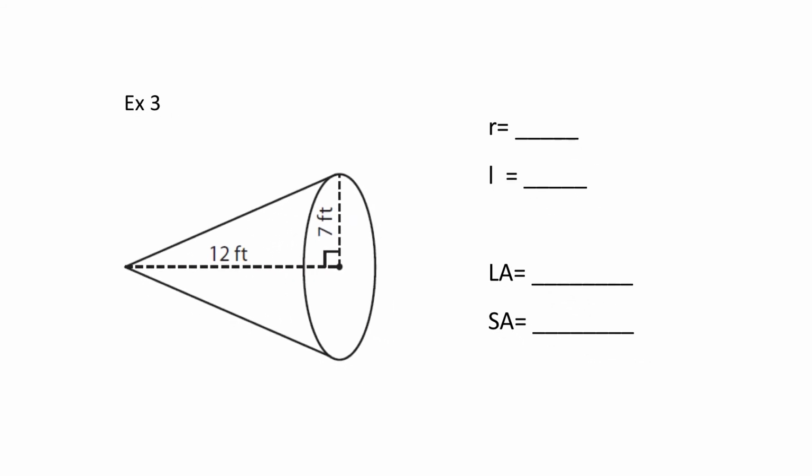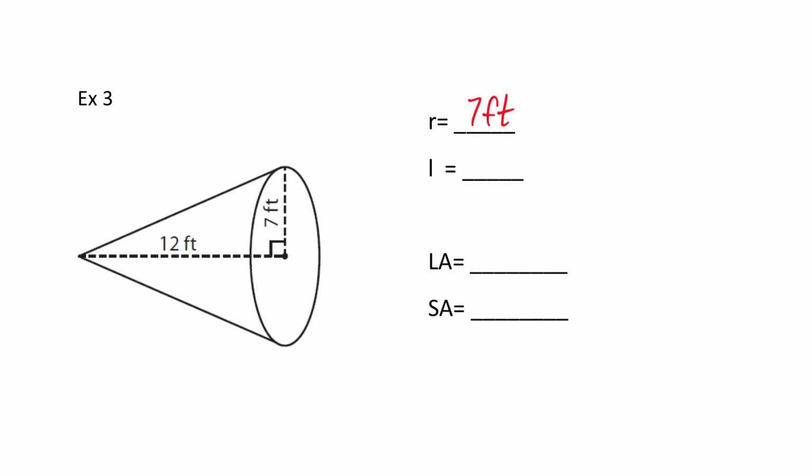Okay, what's the radius? 7. What's the slant height? 13.89. Okay, good. That 12 is the height. We need the slant height. So we have 12 squared plus 7 squared. What does it give you?